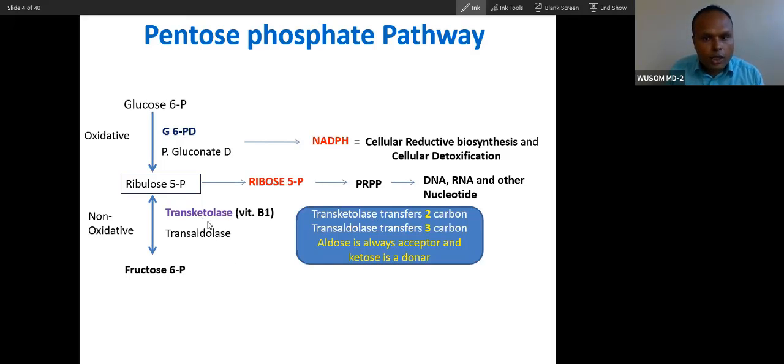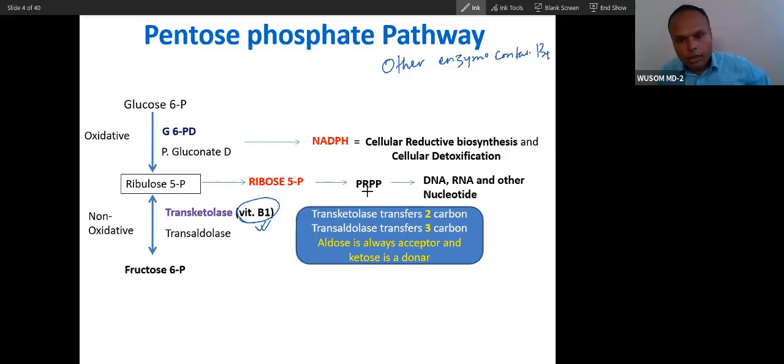Now, transketolase becomes important because it is dependent on vitamin B1. Can you name some enzymes that have vitamin B1 in addition to transketolase? Can anyone?